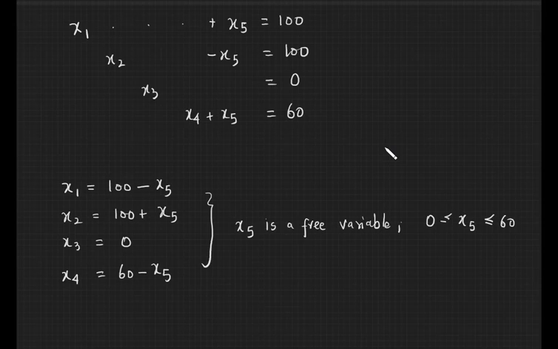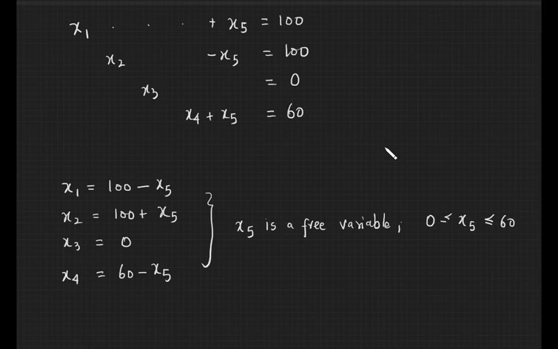Now this is the general traffic flow pattern for the given problem. It means that the values of x1, x2 and x4 always depend upon the value of x5, and the value of x3 is always 0. You can choose any value of x5 from this interval from 0 to 60.